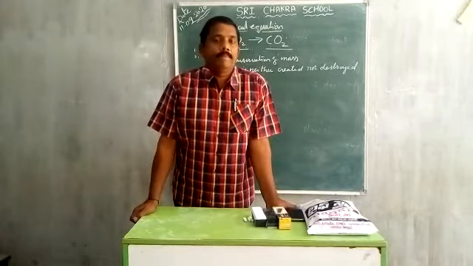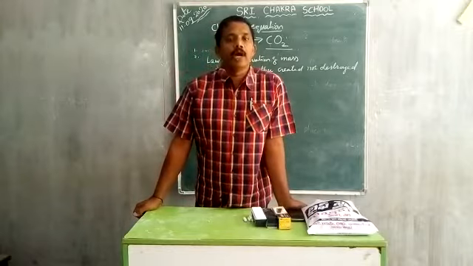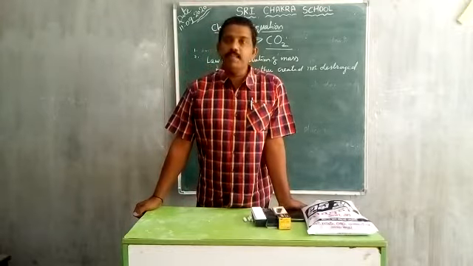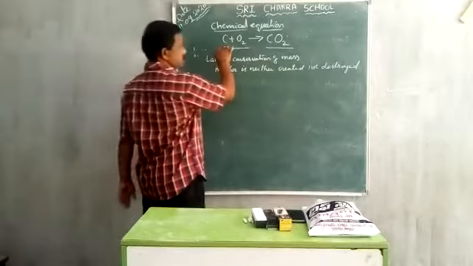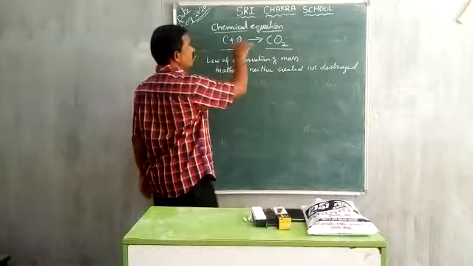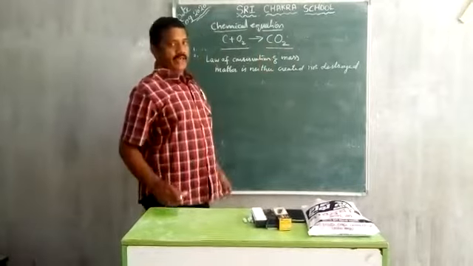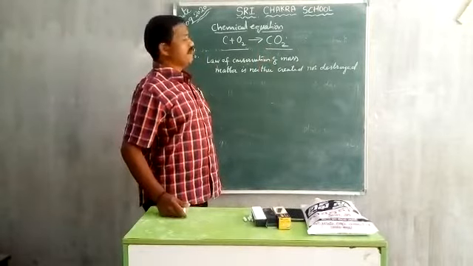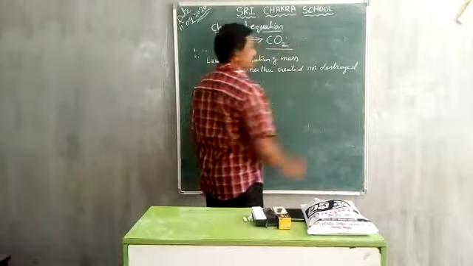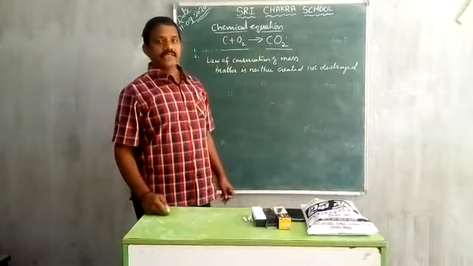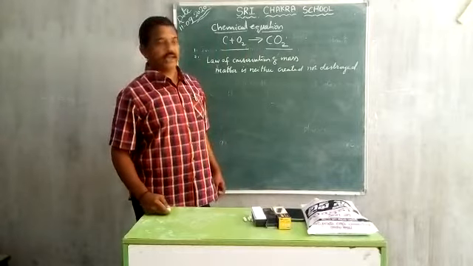Next, one more thing. A chemical compound has a formula that cannot be altered. Here it is carbon C, oxygen O2, carbon dioxide CO2. Carbon dioxide has the formula CO2. This cannot be altered. This cannot be changed as you like.